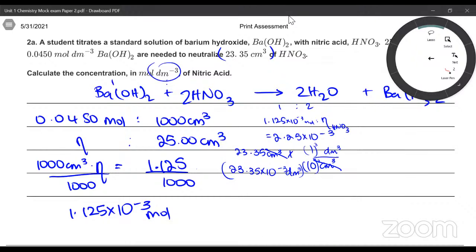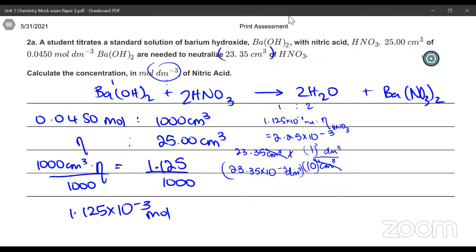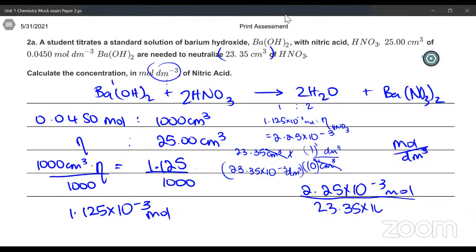All right, so now concentration in mol/dm³ is basically putting the amount of moles you calculated, which was 2.25 times 10 to the minus 3 moles, right? Over the volume that you just calculated in dm³, which is 23.35 times 10 to the minus 3 dm³.